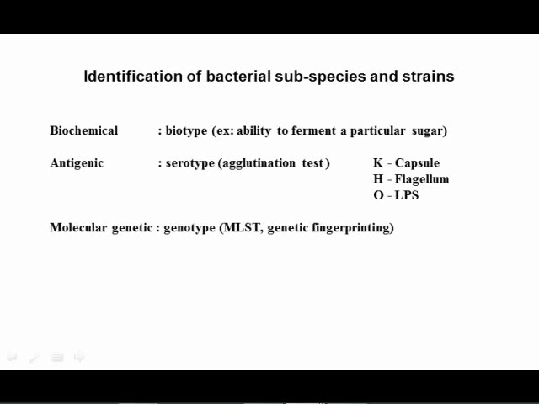Alongside that, there are a lot of molecular techniques that can be used. MLST, multilocus sequence typing. So you amplify a bunch of genes by PCR and sequence them. And then you can compare them. Genetic fingerprinting depends on the presence in bacteria of repeated sequences that are scattered around the genome.